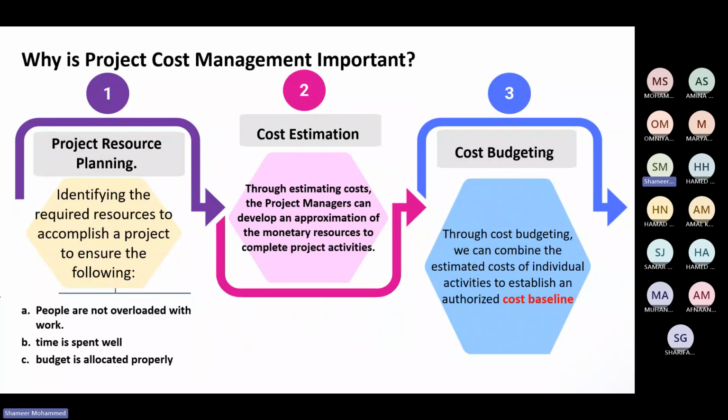If you don't do this one, what will happen? See, project resource planning. Identify the required resources to accomplish a project and ensure the following. People are not overloaded. If there are 3 members in my project team, each must get an equal amount of work.